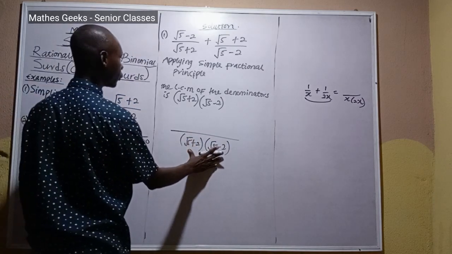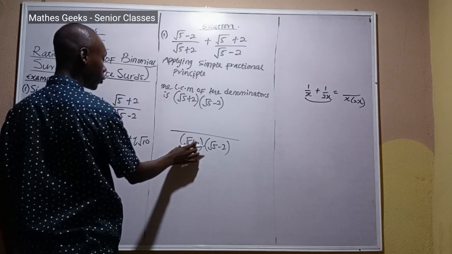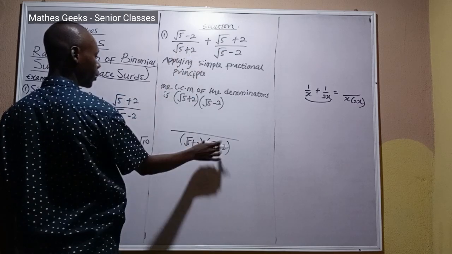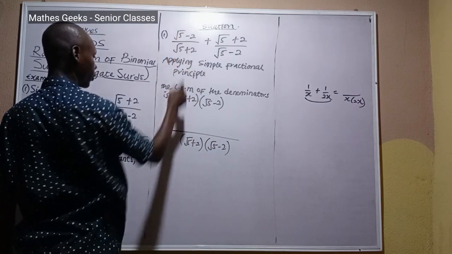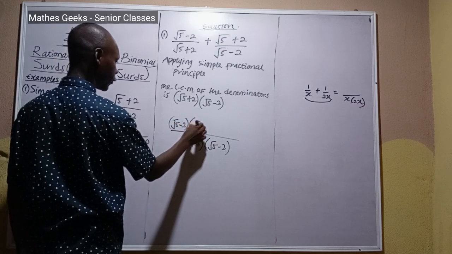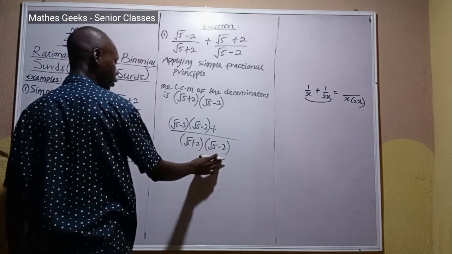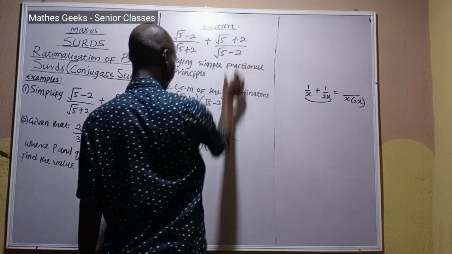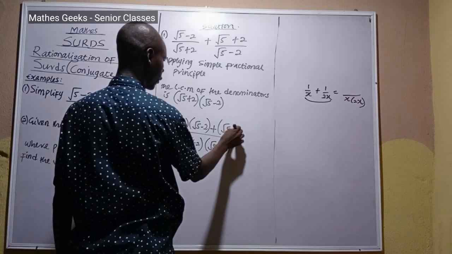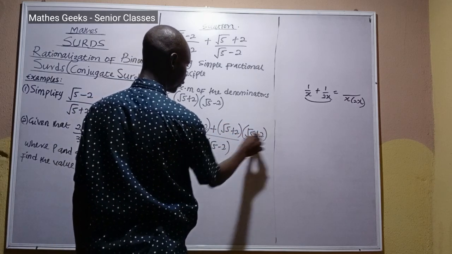This LCM will divide this denominator, so the common factors cancel out. Both of them cancel out. This will be left, root 5 minus 2 times root 5 minus 2. Then plus 3, the LCM again divides this denominator, this part will cancel this part out. So here will be root 5 plus 2, less root 5 plus 2.